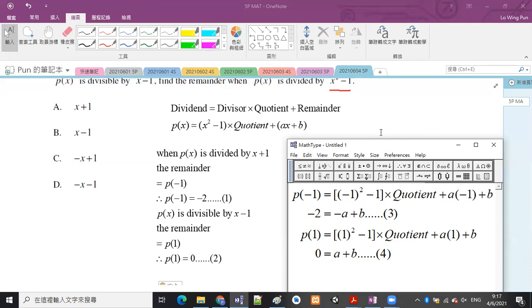Now can you calculate the values of a and b yourselves, solving simultaneous equations with equation 3 and equation 4? Can you tell me what is the value of a and b?